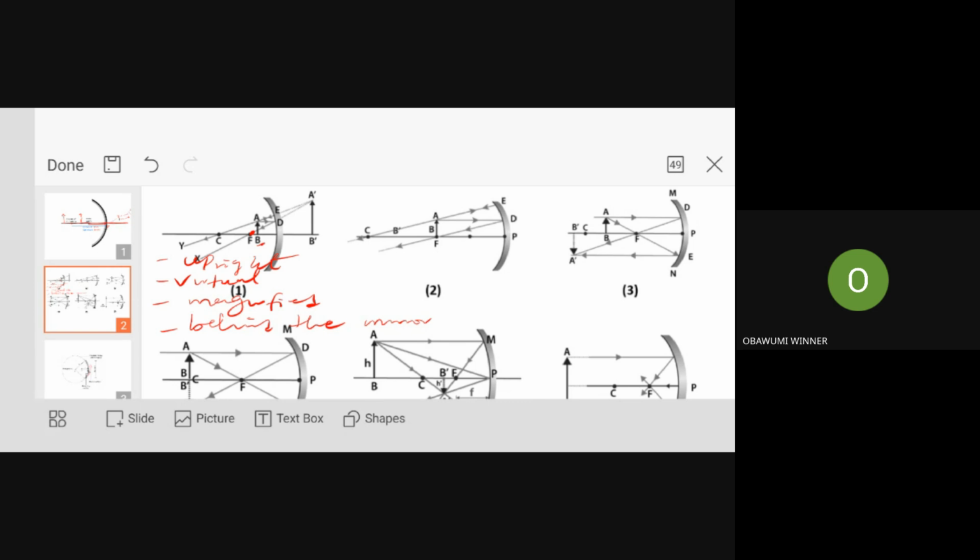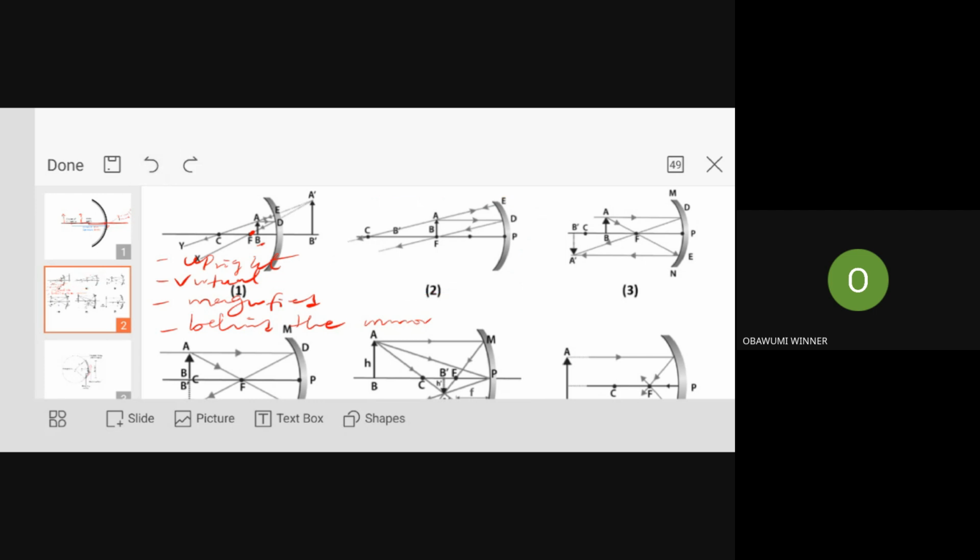The second diagram is talking about when the object is kept exactly at the focal point. So look at this.